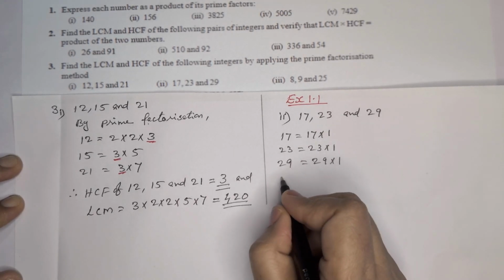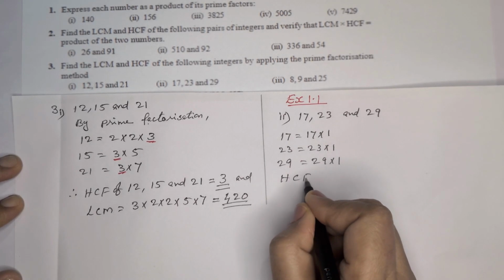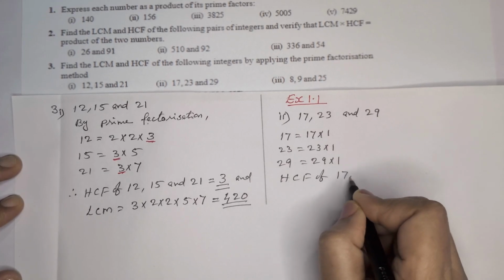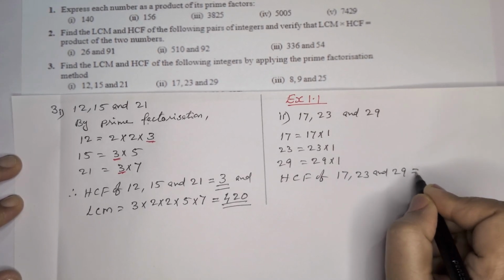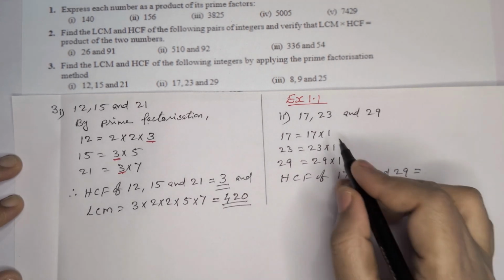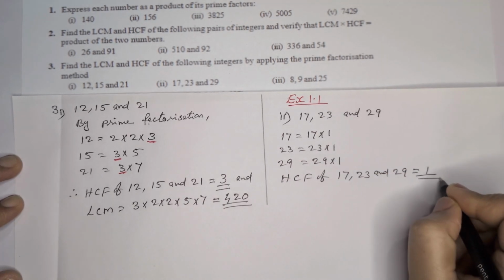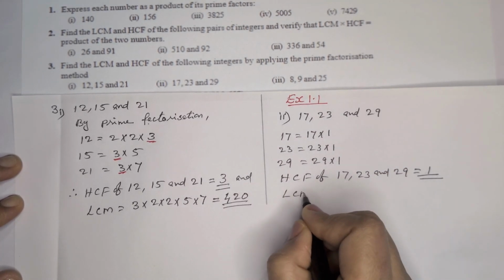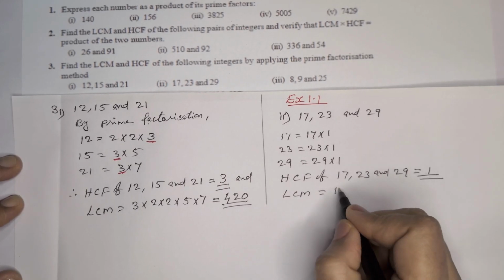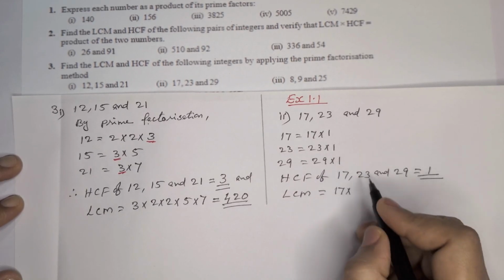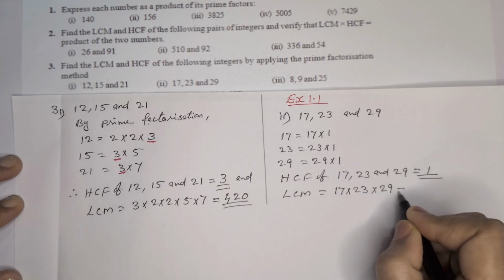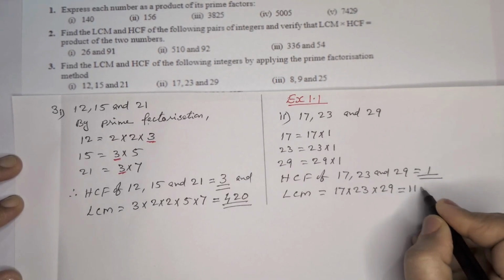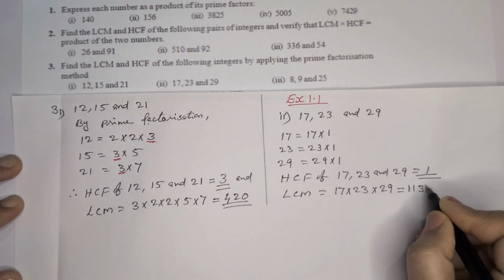So HCF of 17, 23 and 29, except 1, there are no other common factors, so we write 1. Then LCM is equal to 17 into 23 into 29, which is equal to 11,339.